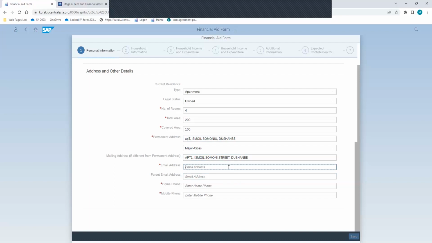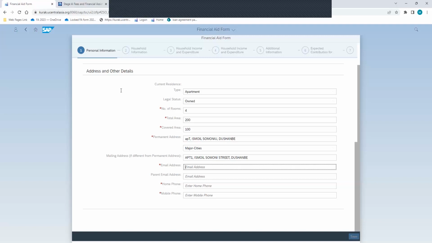Email address. This is really, really important because in order to submit your application, you need to be very sure that you have indicated your real and existing email address, which you use daily.